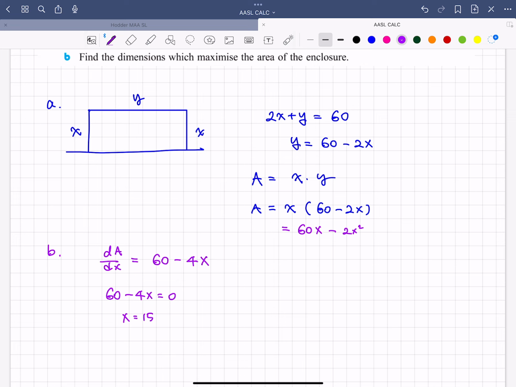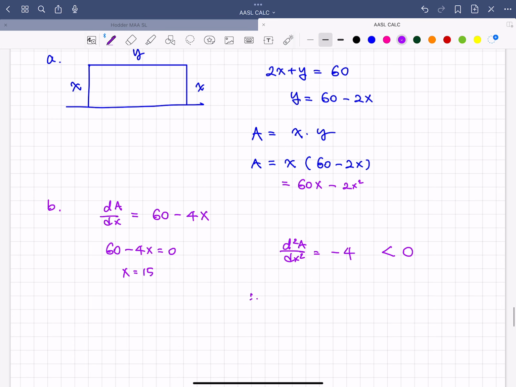I still need to confirm that actually gives you the maximum, and I'm going to do this by looking at the second derivative. It's always negative. It's always concave down. Therefore the area is maximized when x is 15.